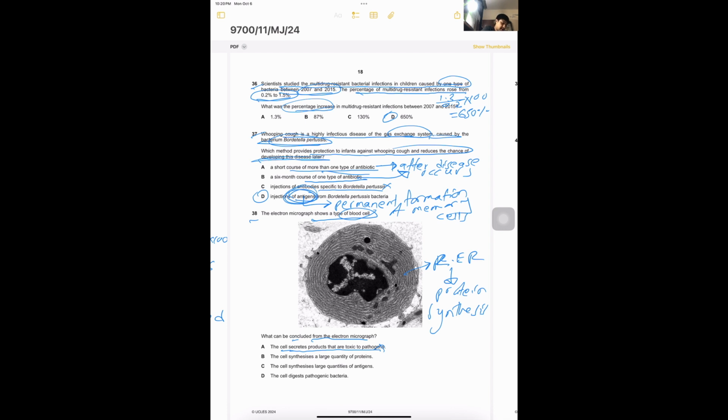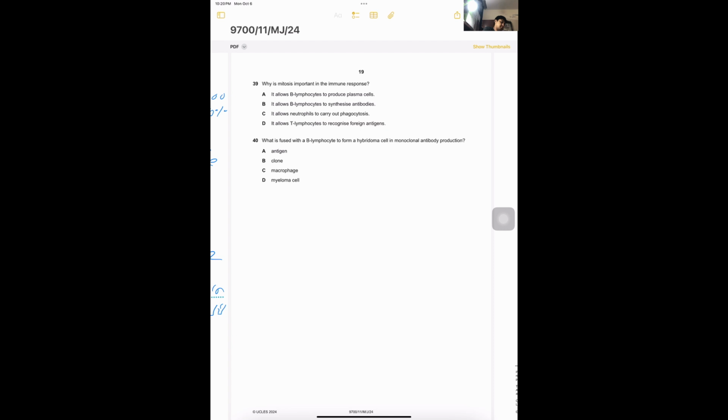I cannot see many lysosomes or any hydrolytic enzyme source. The cell synthesizes large quantities of antigens. I can't see that, and it cannot synthesize antigens actually. The cell digests pathogenic bacteria. I can't see that. We cannot actually deduce that this is a phagocyte from this diagram. So I will go with answer B.